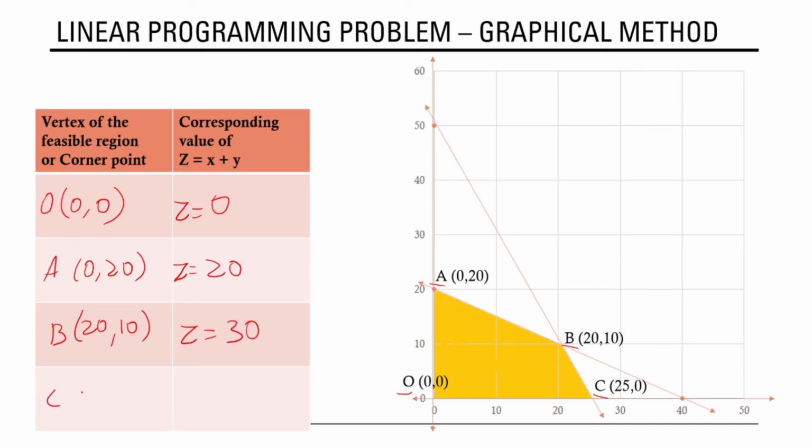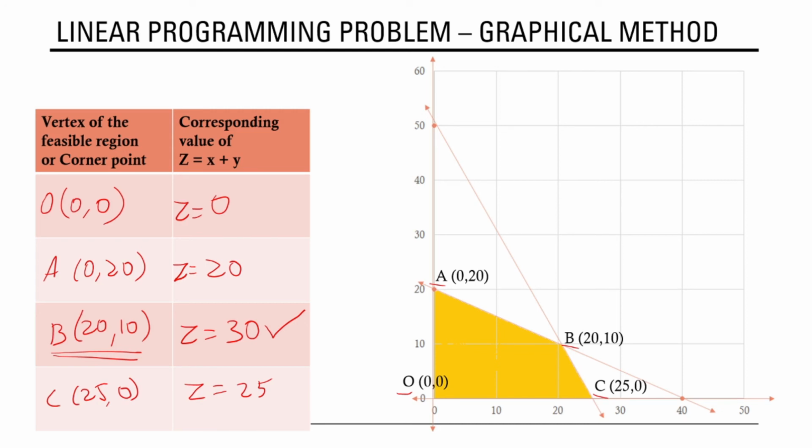Next one is C, (25, 0). The value of Z corresponding to C is 25 plus 0, it is 25. So our objective is to find the maximum value of Z. The maximum value of Z is equal to 30 and it occurs at B, that is, when x is equal to 20 and y is equal to 10.